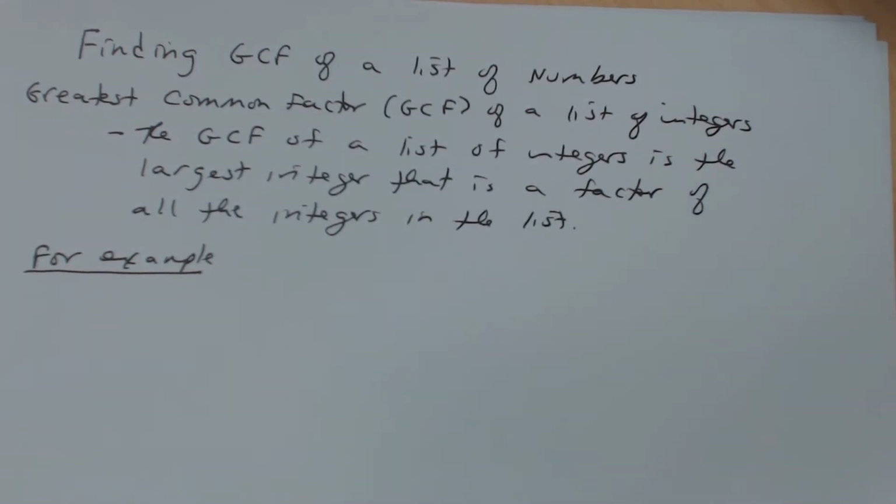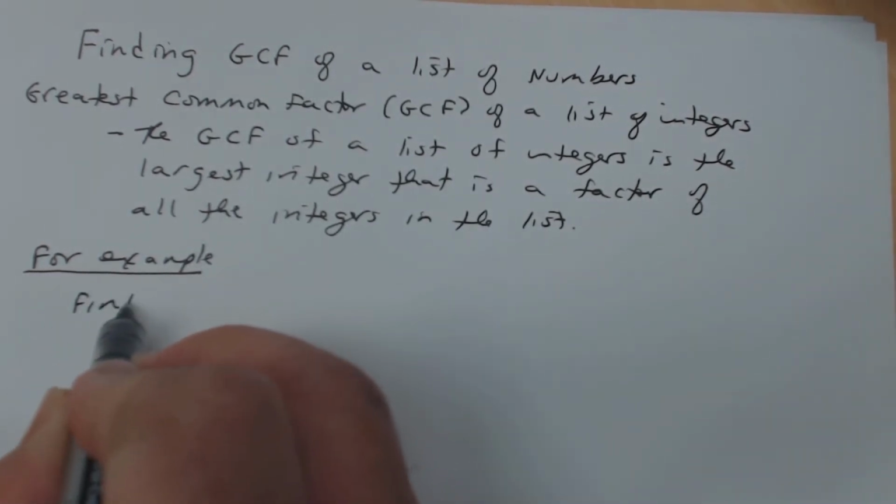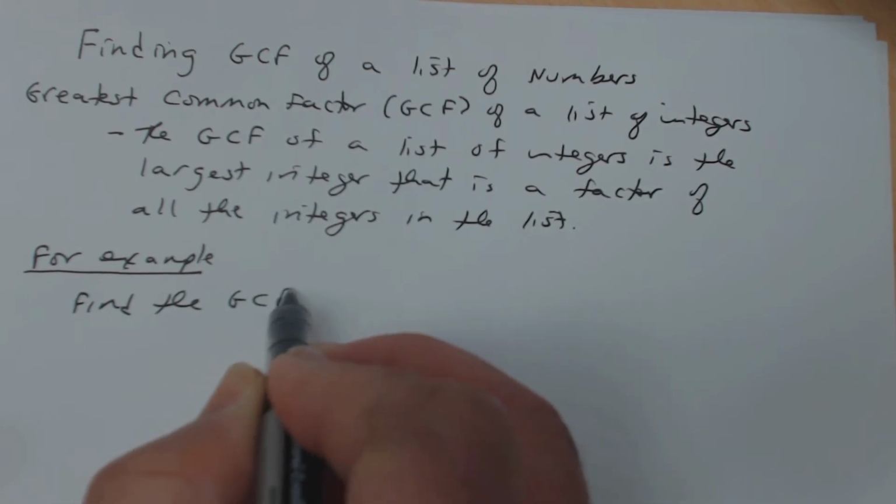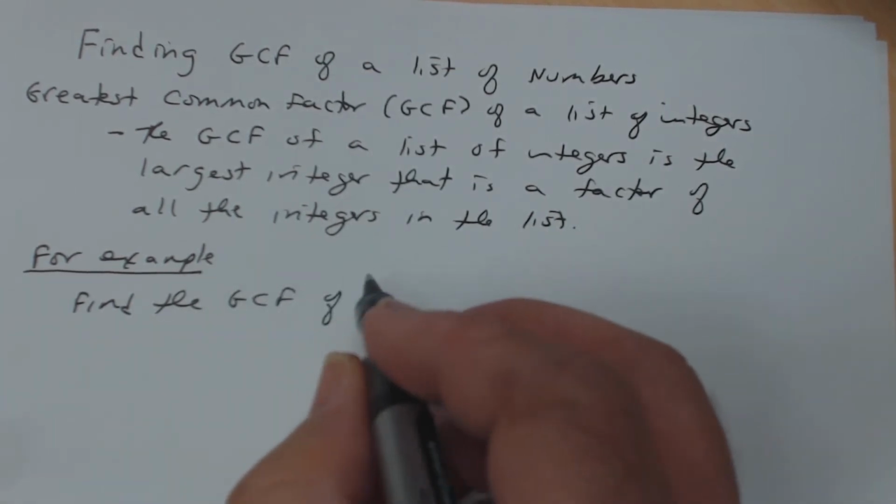For example, suppose I wanted to find the GCF of 12 and 20.